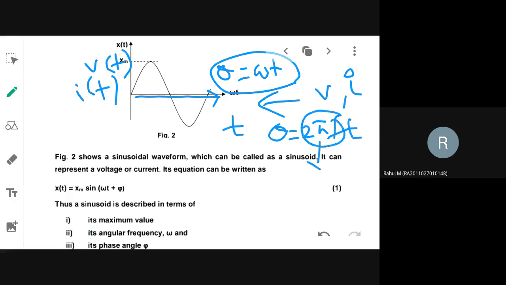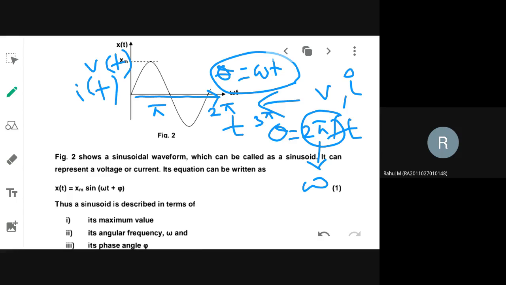This 2 pi f is denoted as omega, called angular frequency. So theta is an angle. If you are using theta for the x-axis parameter, here you will have pi, here 2 pi, and it will go on. This is how you generally represent the x-axis.